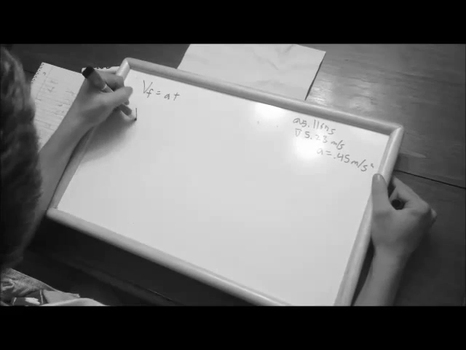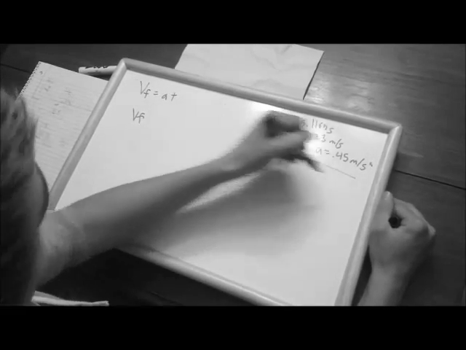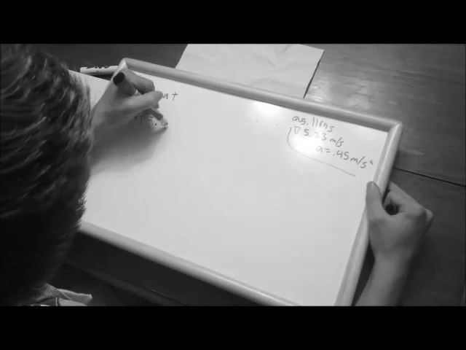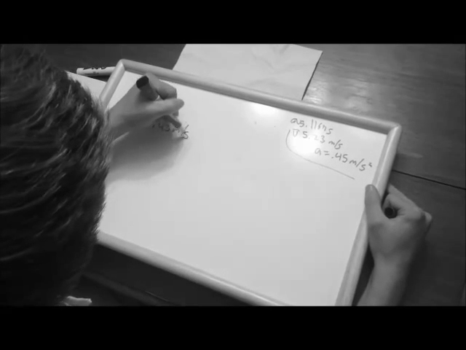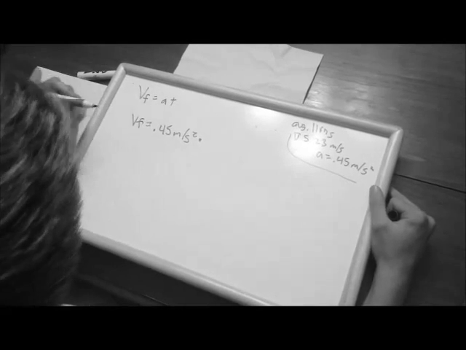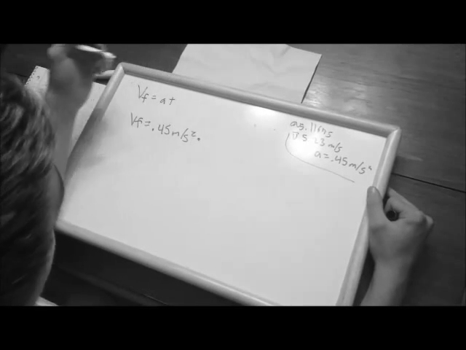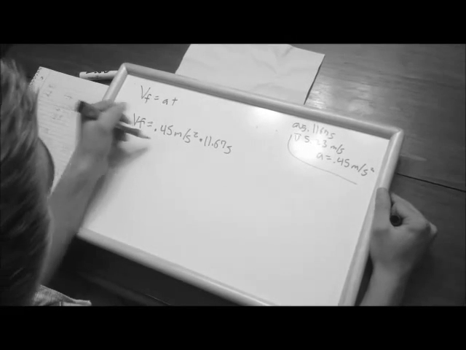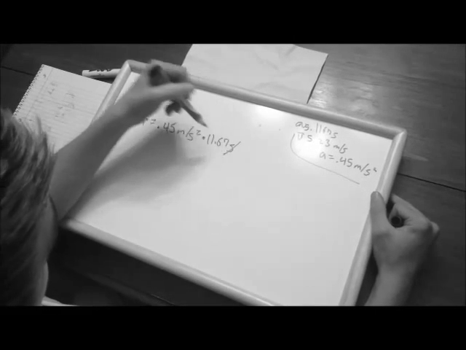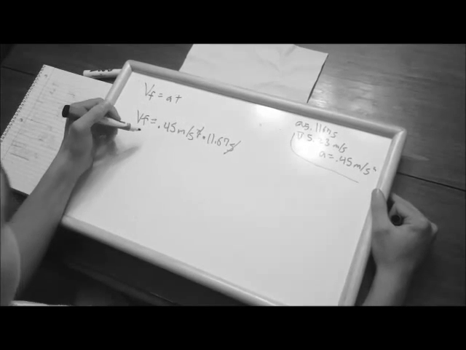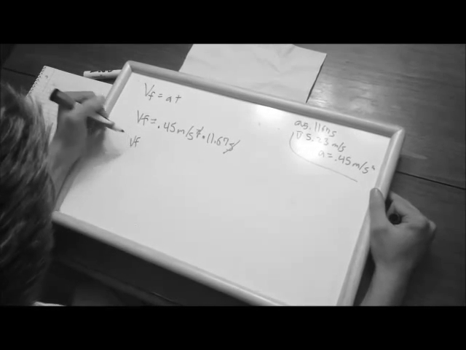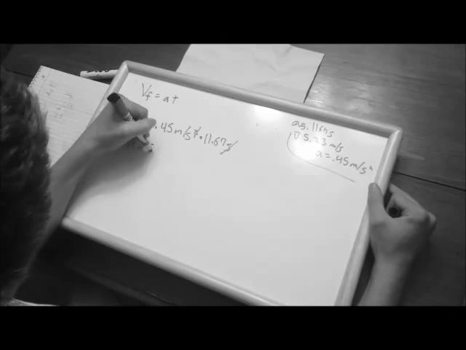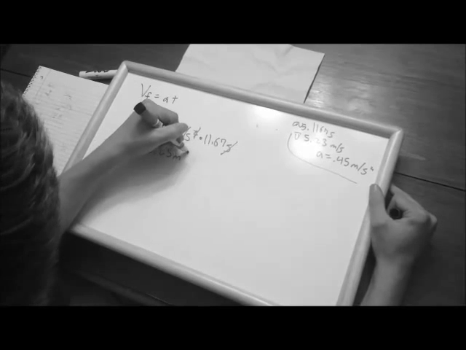So to do that, we'll just plug in the values from over here, which was our acceleration was 0.45 meters per second squared, multiplying that by our average time of 11.67 seconds. Now since we're multiplying this here, we can cross out this second here and one of the seconds over here, and once we multiply the rest of that out, our final velocity is equal to 5.23 meters per second.